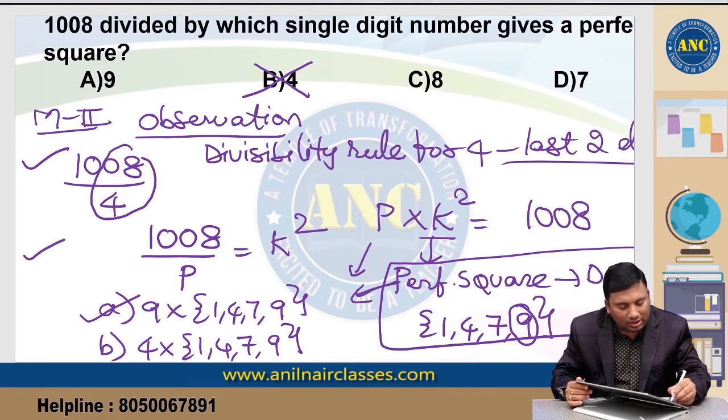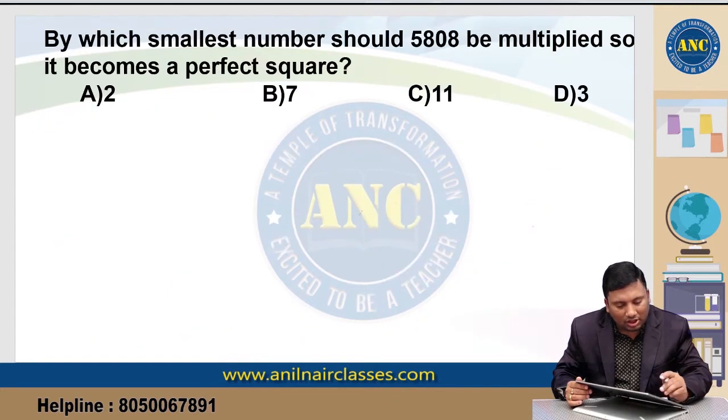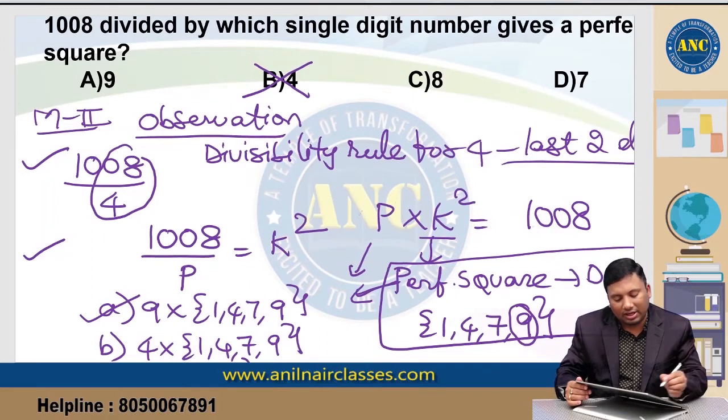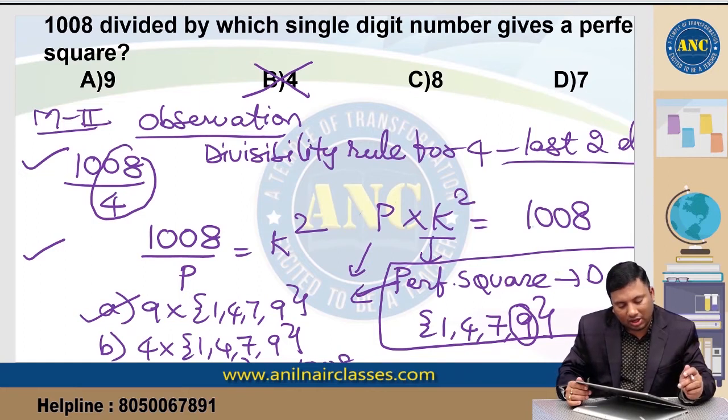So what you do is, use this logic: P into a perfect square never ends with 2, 3, 7 or 8, equivalent to 1008. Check it with the options. 4, is it giving me 8 at the end? 4 2s are 8. So the second option is not possible.